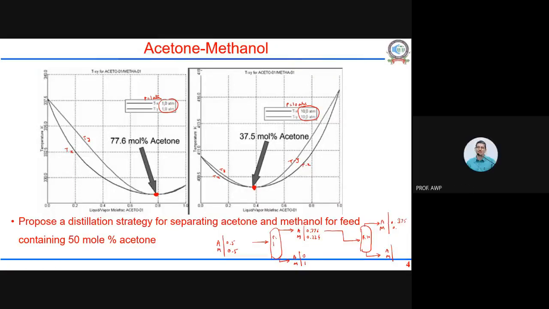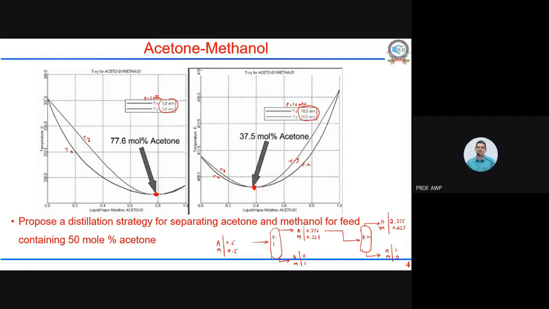I'm only writing whatever you people are saying. 0.776 or 0.375? 0.375. Okay, 0.375. I'm not saying yes or no. And this will be 0.625. And the bottom? 1, 0.